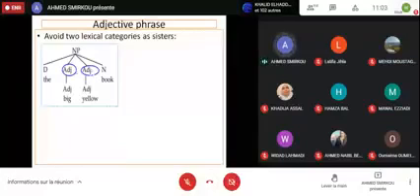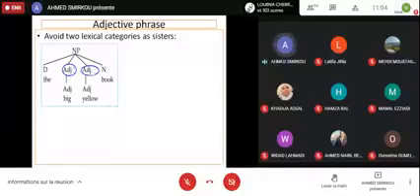Here, we shouldn't have an adjective. We should have a phrase, because remember what I said. In a phrase, only the head should be lexical. All other modifiers should be phrasal. So here we have to add AP, adjective phrase, and here we should add AP, adjective phrase. Okay?